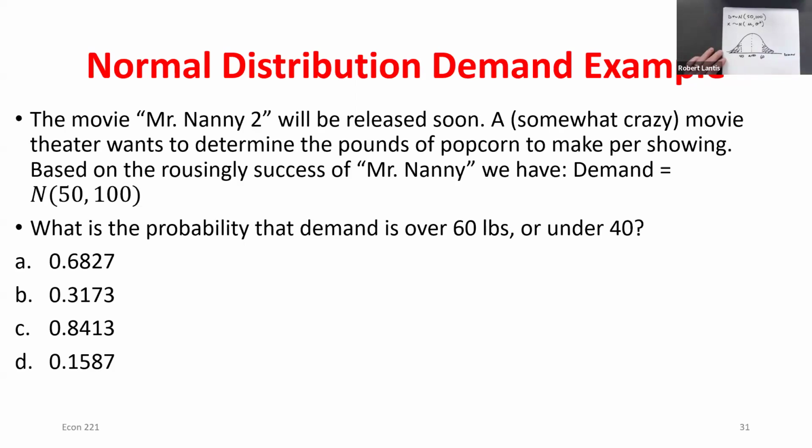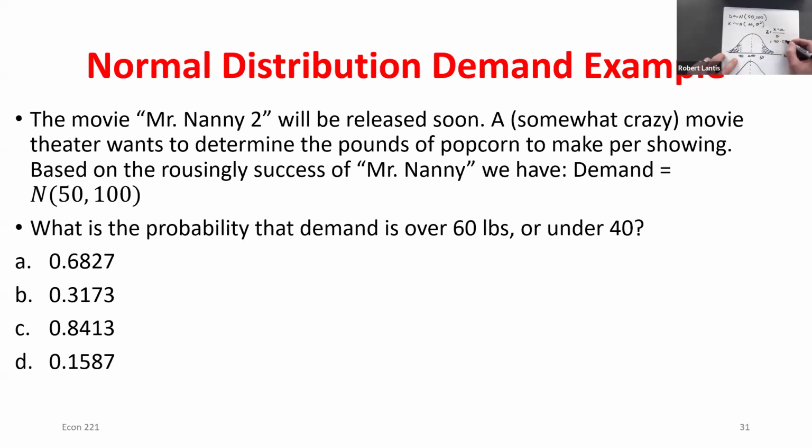So what I'm going to do is turn this normally distributed variable into a standard normally distributed variable, or z-scores. Well, I know the mean would have a z-score of 0. If I'm calculating a z-score, I take the x value I'm interested in, subtract the mean, divide by the standard deviation. So what is the x value I'm looking at? 40.